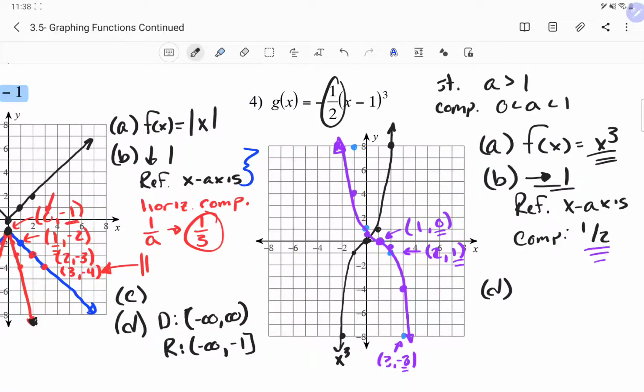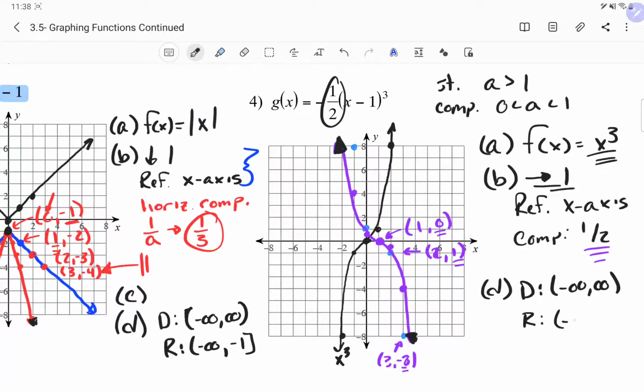Now moving on to part D. We're looking for the domain and range. Notice that the graph is pointing to the left and to the right. So our domain is from negative infinity to positive infinity. And our range is, again, pointing up and pointing down.